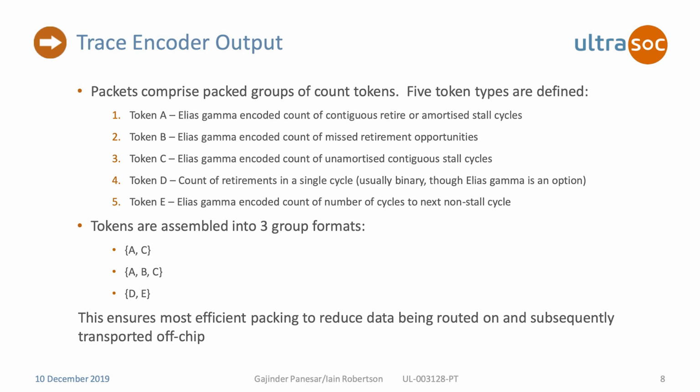But basically, those tokens get grouped together into one of 3 formats. The first 2 formats, the A and C pair and the ABC triplet, are both runtime selectable on CPUs that retire 1 instruction per cycle. And then the ABC triplet and the DE pair are selectable on multi-retirement CPUs. And again, we'll see how that works over the coming slides.